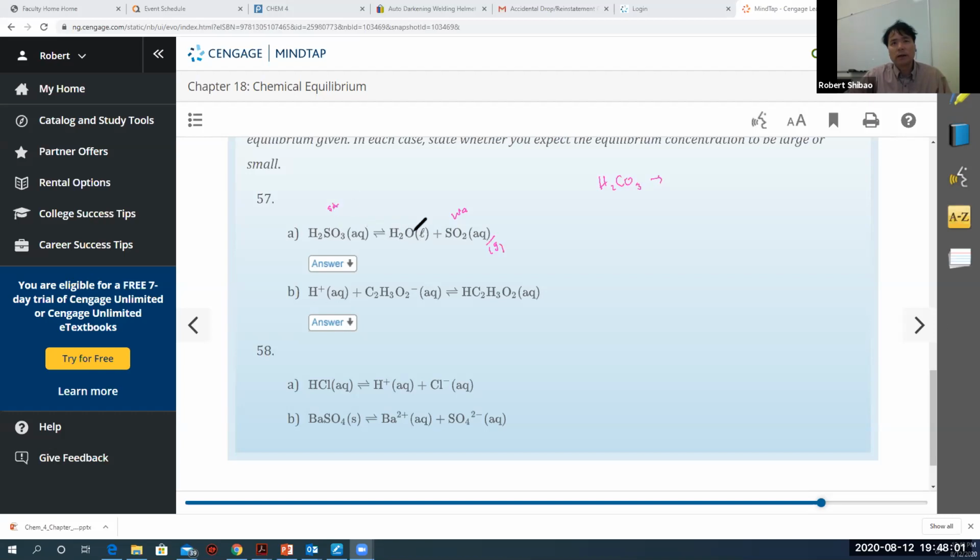Like here, you'd see H2O is liquid, and so automatically you see there's a difference between liquid and gas, so you're on the lookout for that. H2O is liquid here, so that wouldn't be included in the K. But as far as driving forces go, which direction do you expect to be favored? Do you expect the driving force to be forward, that is downhill forward, or do you expect the driving force to be reversed, that is the downhill direction is reverse?